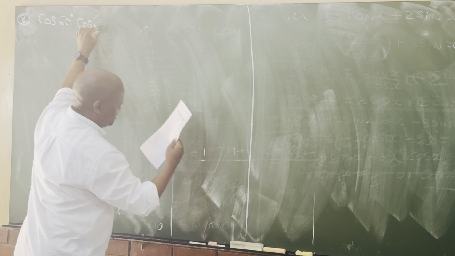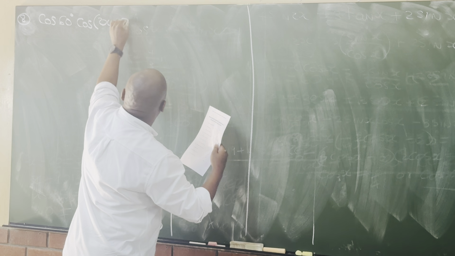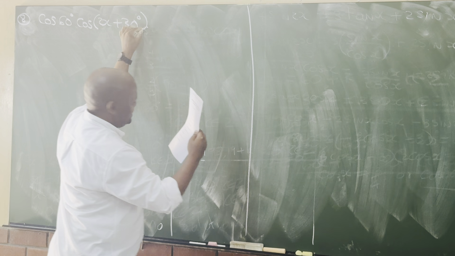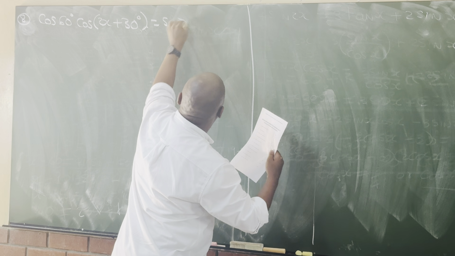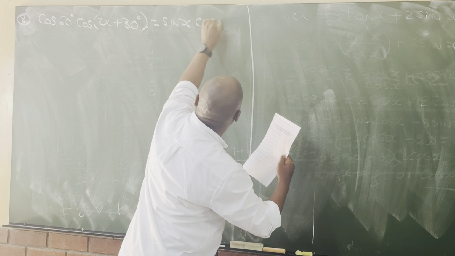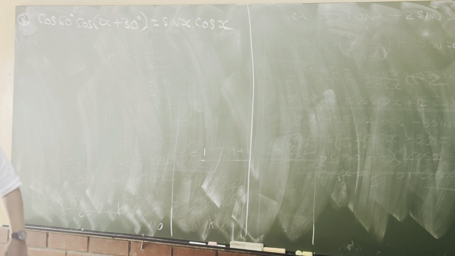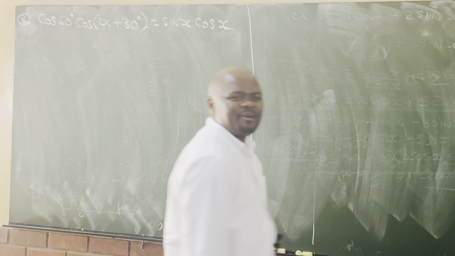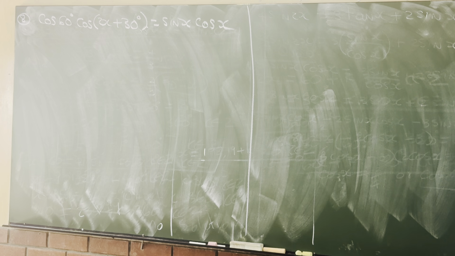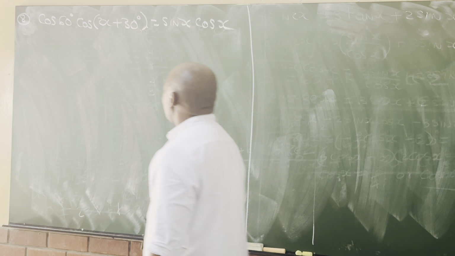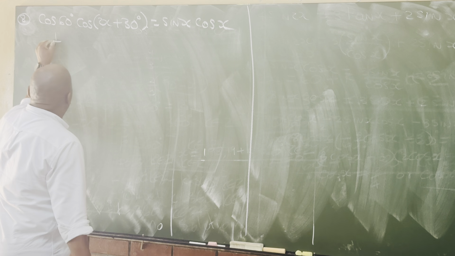Cos into 2x plus 30 is equals to sine x cos x. What should be our first step? Change the special angle. Cos 60 is 1 over 2.